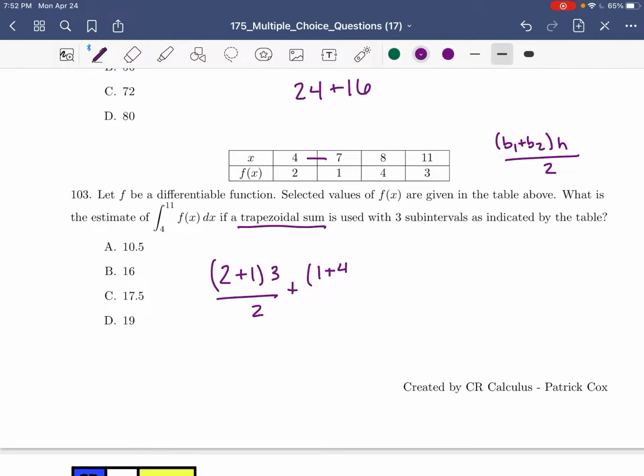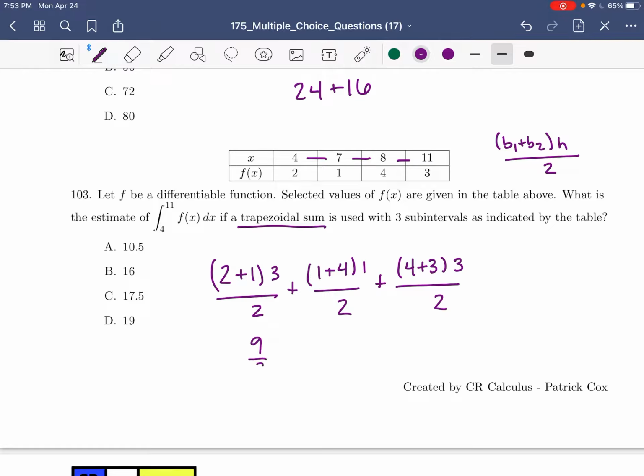Then we keep going. So I'm going to reuse 1 plus 4. Change from 7 to 8 is 1. Then from 4 plus 3. Change from 8 to 11 is 3 over 2.